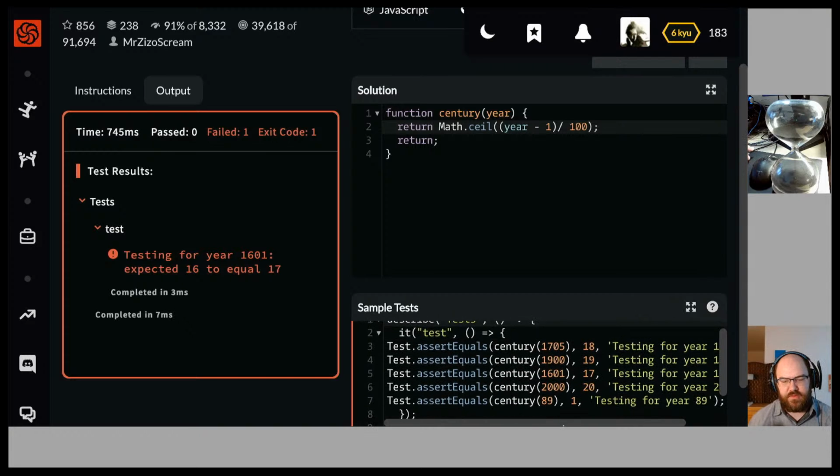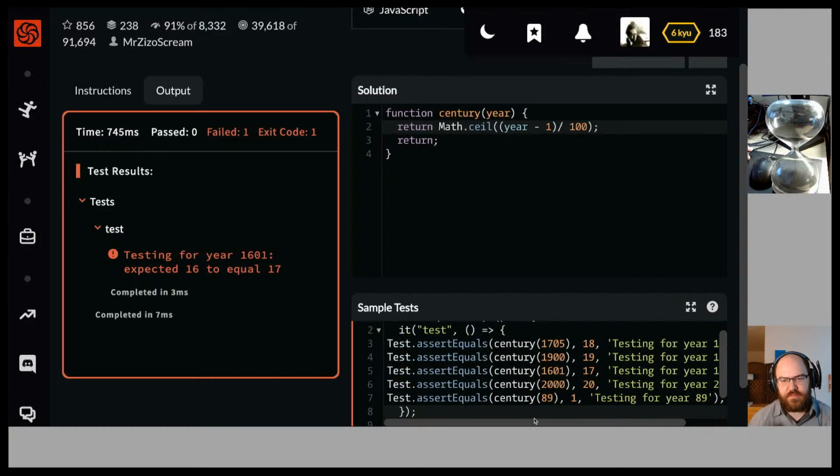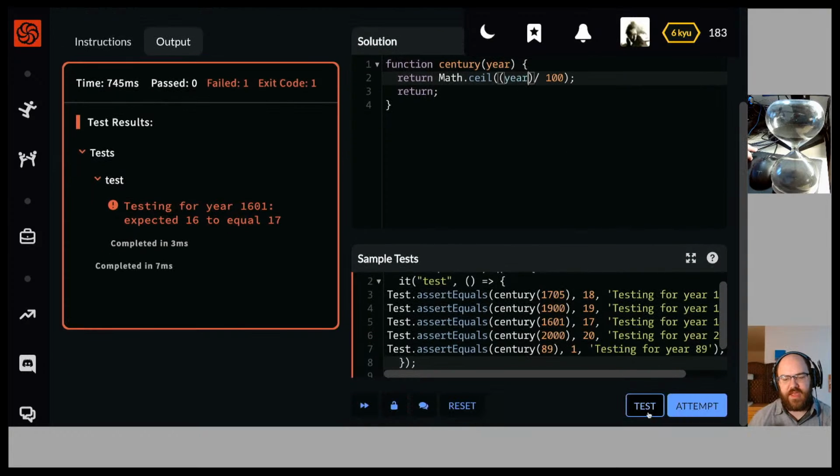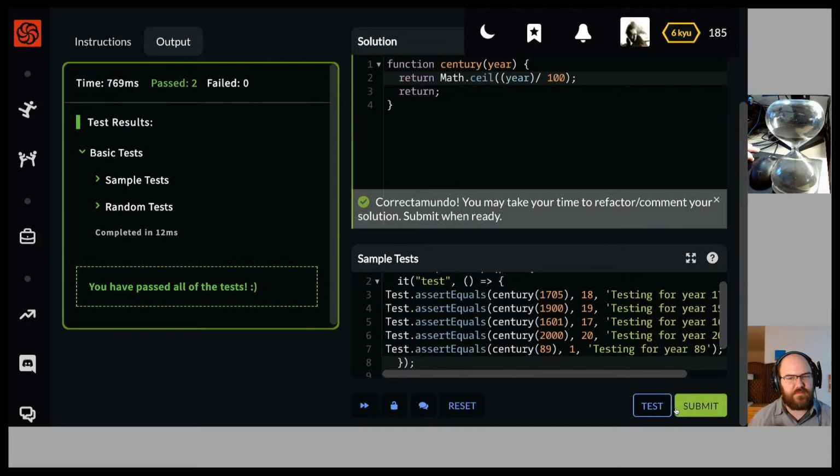Testing for 1601. Is it not year minus 1? The edge cases are going to get me, I just know it. Oh.